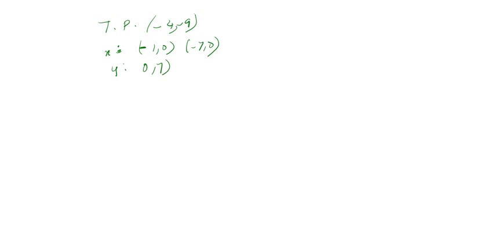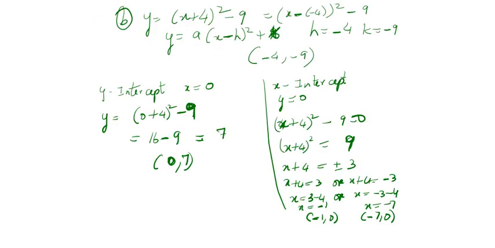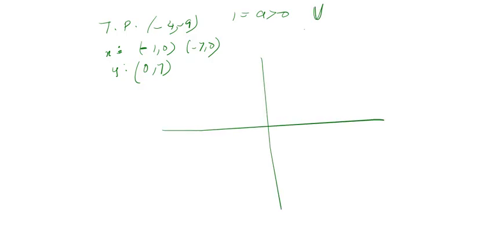Remember, that's all you need to draw your graph. Now you know that your a value here is positive, so my a is greater than 0. Your a value was 1, so that's the shape of my graph. Okay, so you put your values in. So (0, 7), I write it as a coordinate.